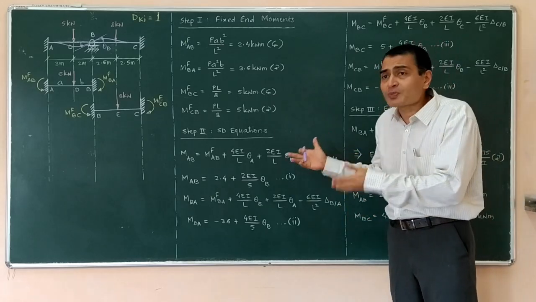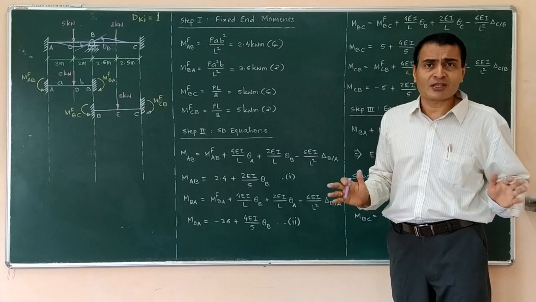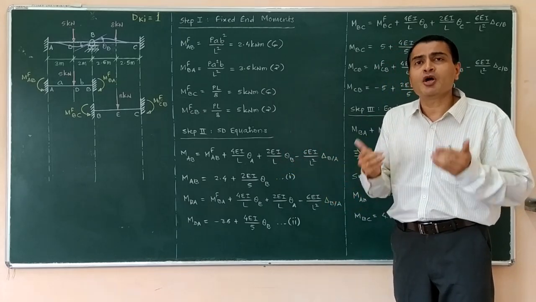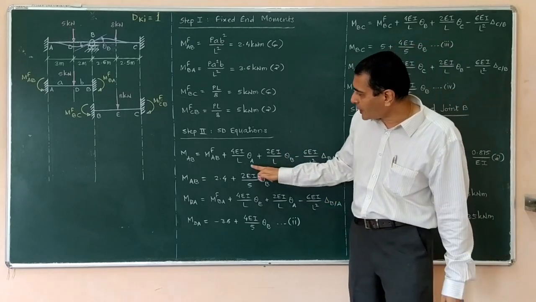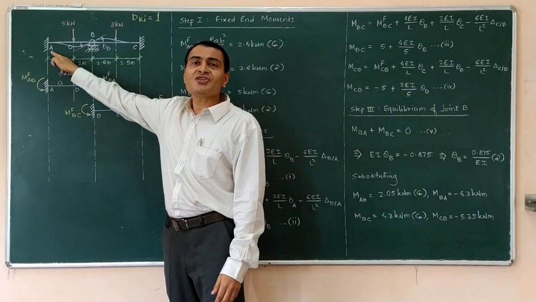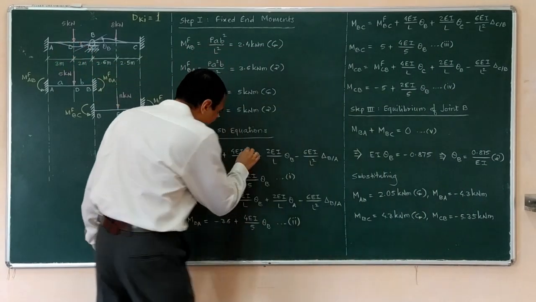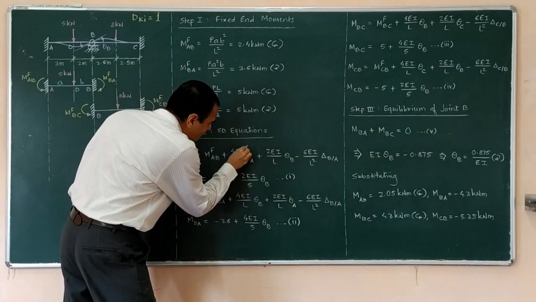Now when I try to substitute, I see that a couple of quantities are zeros. That is, they do not exist in our problem. For example, if you look at theta A, in our original situation, A is a fixed support, theta A is 0. So directly I am saying this quantity is 0.